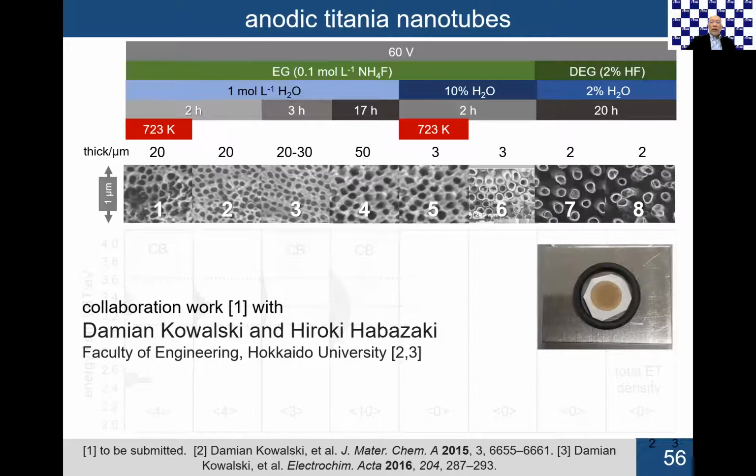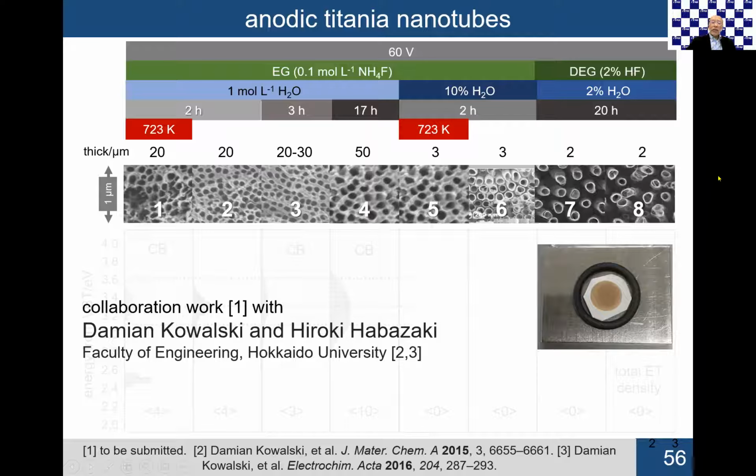And these are the results of anodic titanium film. The anodization of a titanium metal plate gives titanium nanotubes. Actually, many papers have reported those anodic titanium nanotubes, but the characterization is very difficult.